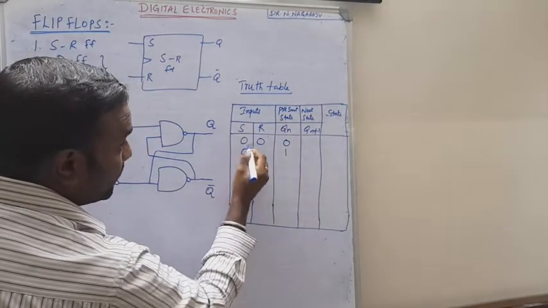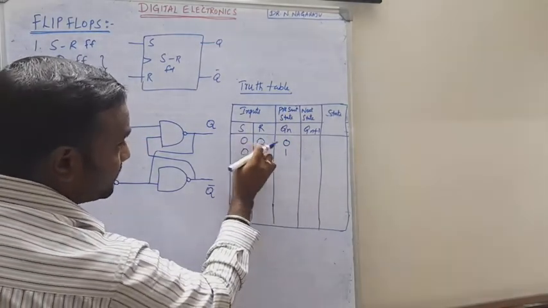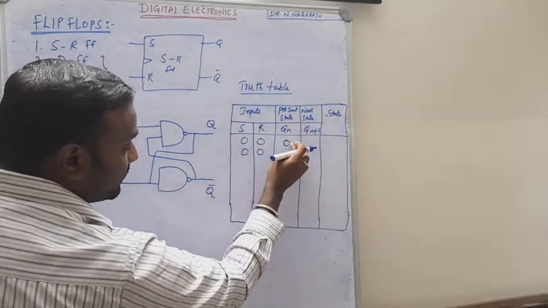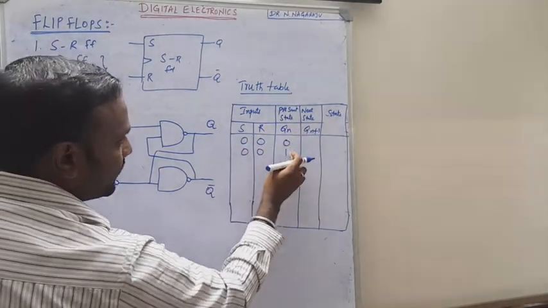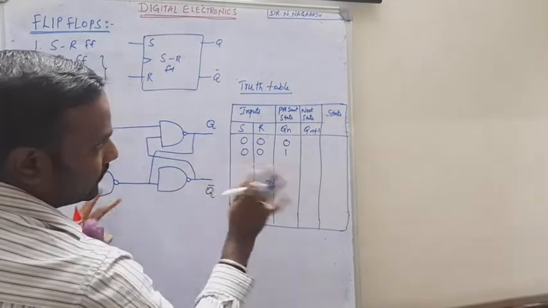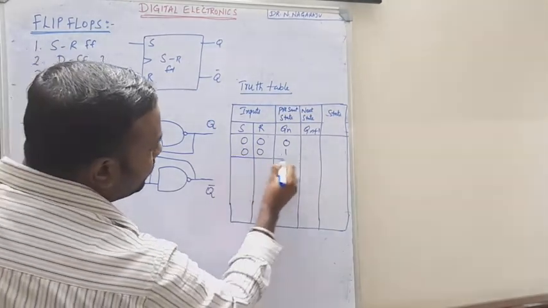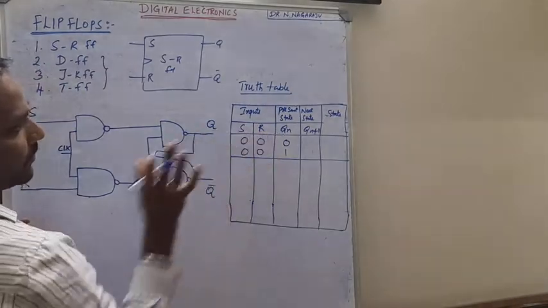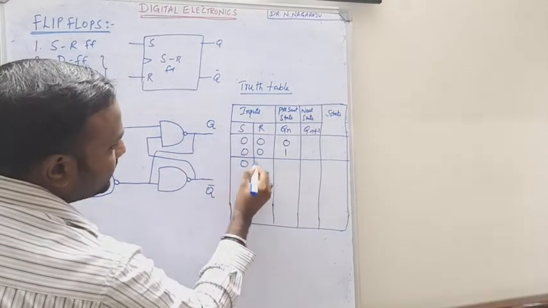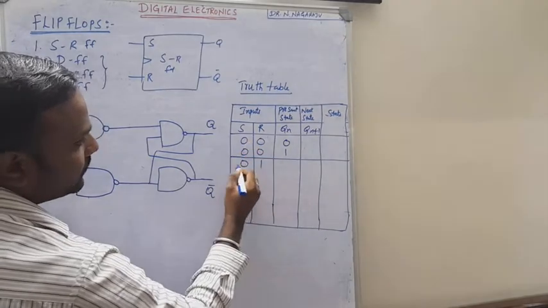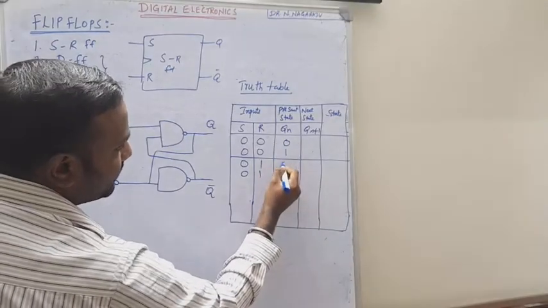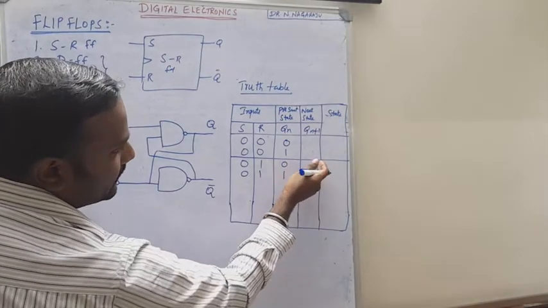For the input combination 0 0, if the present state is 0, what will happen? And if the present state is 1, what will happen? I am going to make this one combination. Similarly, S equal to 0 and R equal to 1, so 0 1. Again the present state is either 0 or 1, so what will happen in the next state?